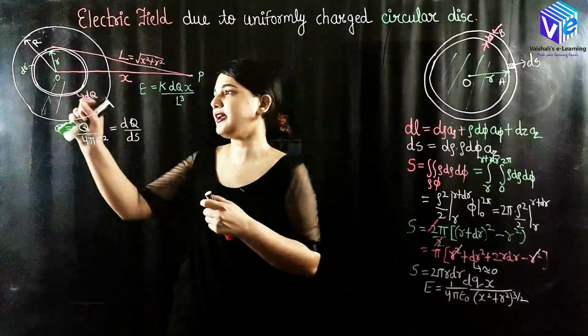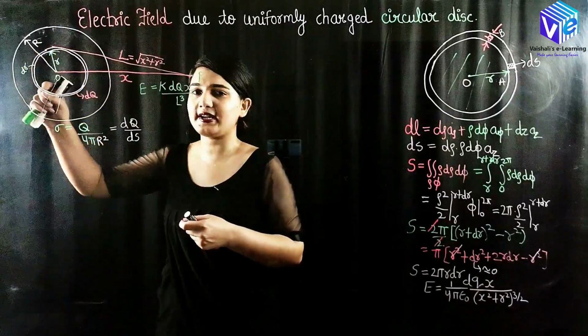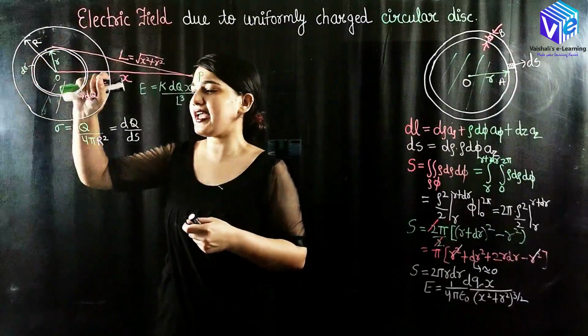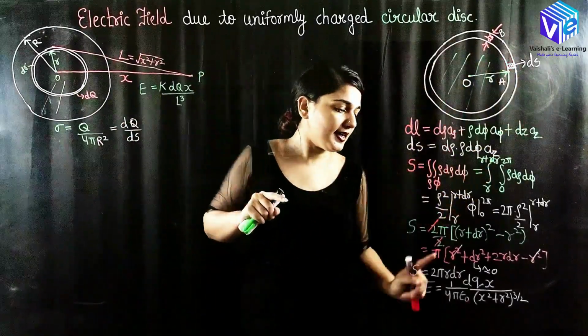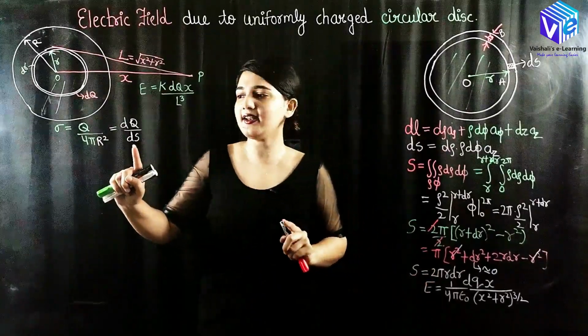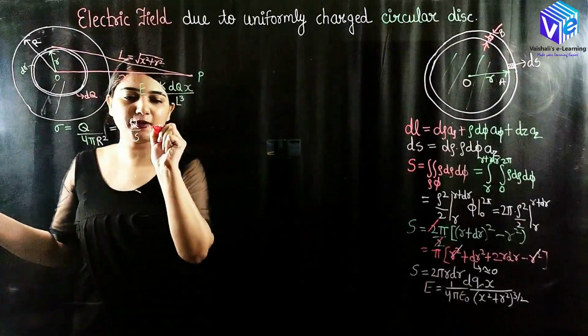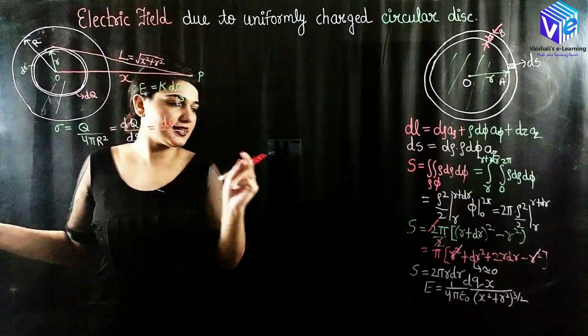Now if I find out the area of this full ring, the small ring's area is ds here and the full area is s here. So this s will be replaced here as ds. Okay, I will be putting it down. What was ds here?